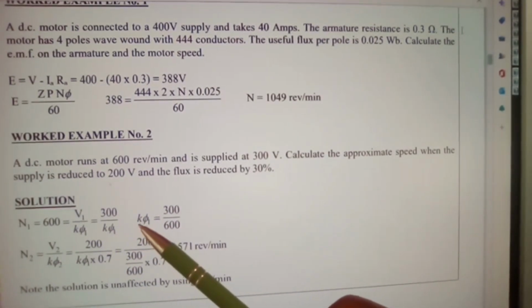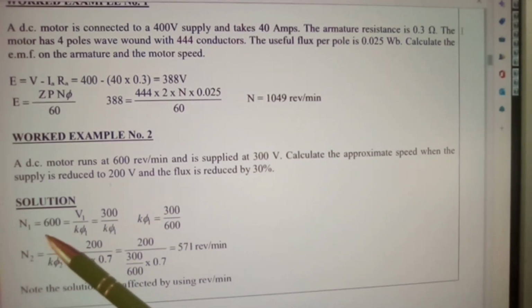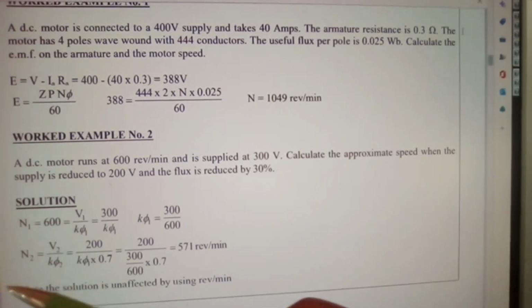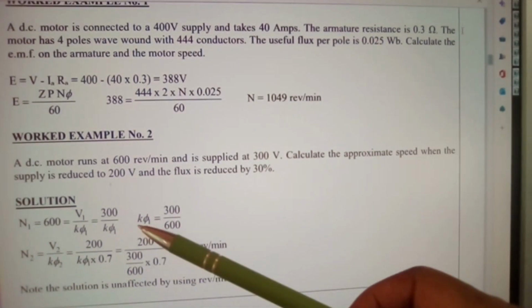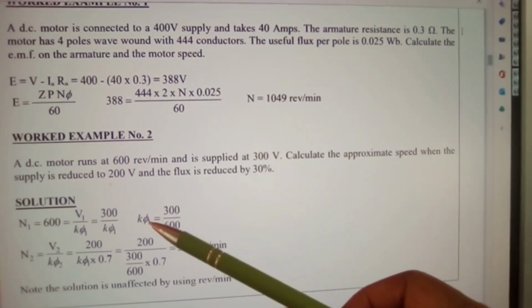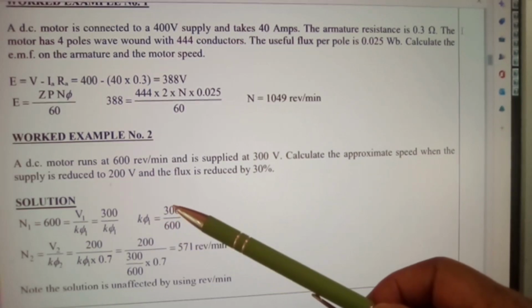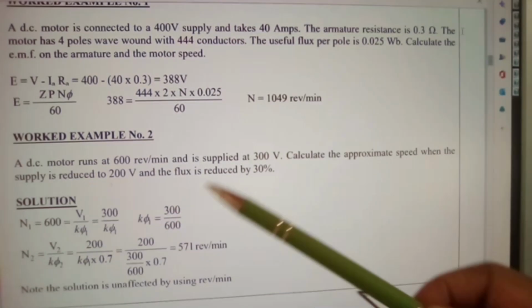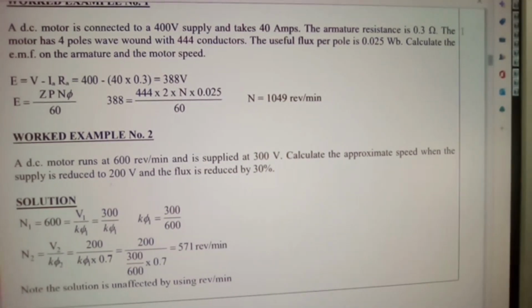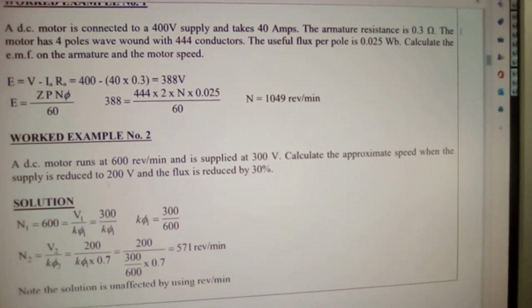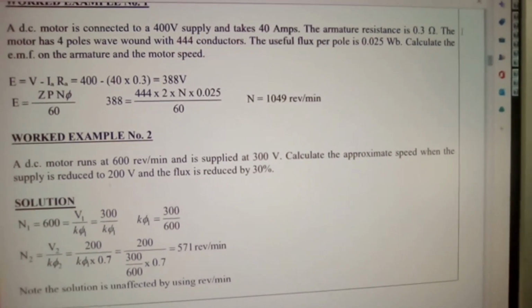You'll see that we're transposing for K theta 1. We have N1 equals 600 and we have the 600 here. So we have done a simple transposition here to find K theta 1, which equals 300 over 600. So what does that actually come out to?